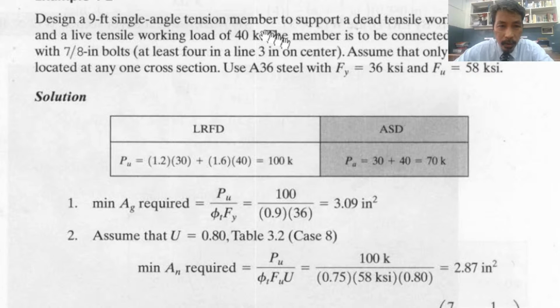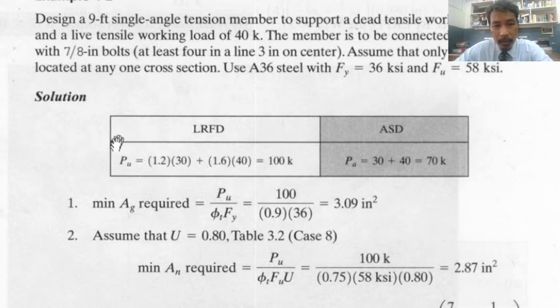Then we have the working load. Working load is also referred to as service load: 40 kips live load and 30 kips dead load. So here, tension member.